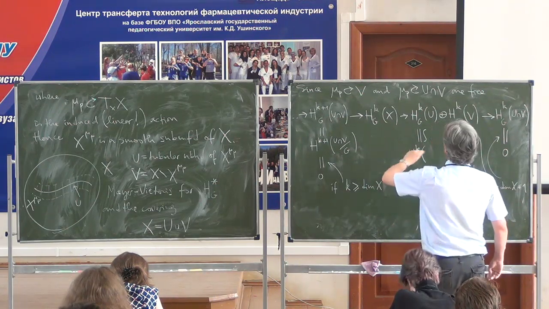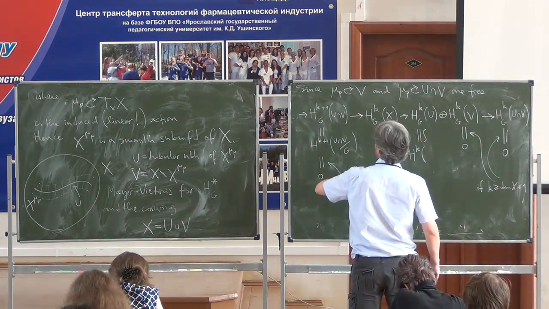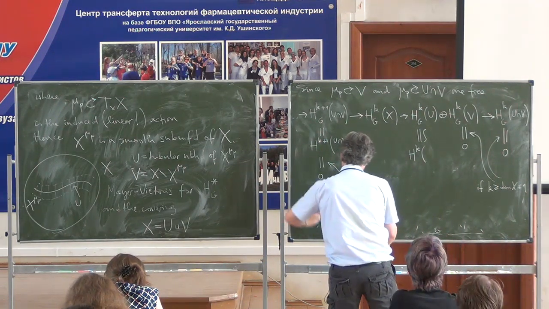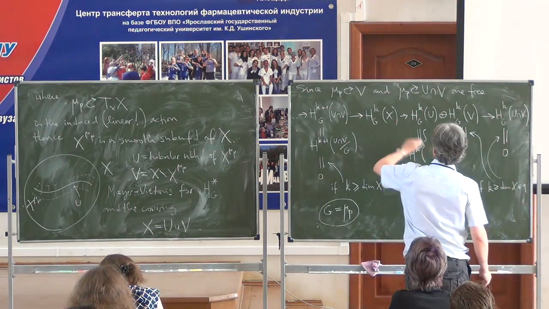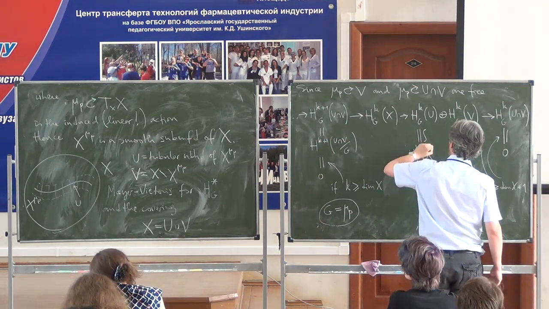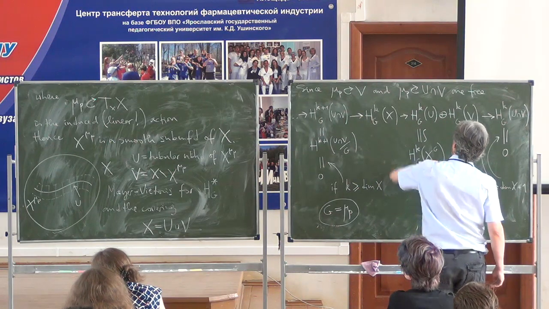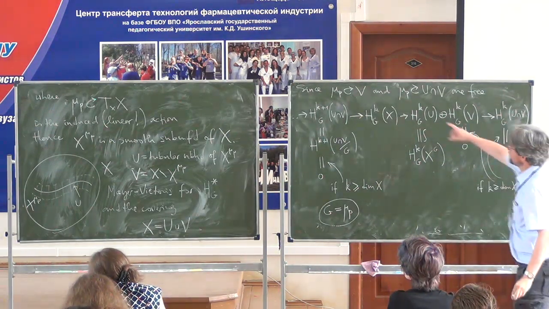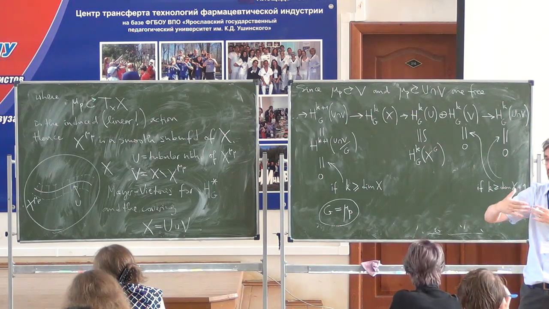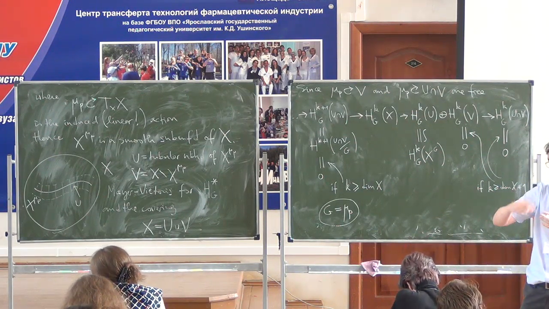Now this is isomorphic to, sorry, I'm writing G instead of μ_p. Now the tubular neighborhood retracts onto the fixed point set, and this retraction can be obtained in a G-equivariant way.